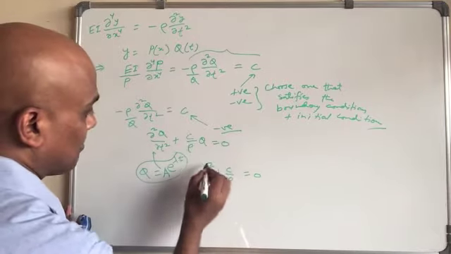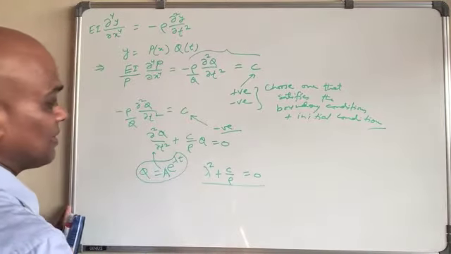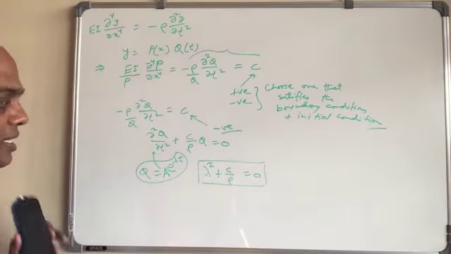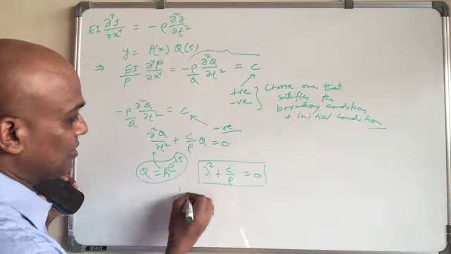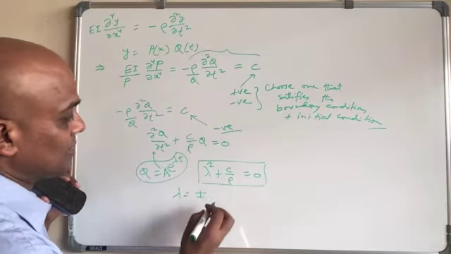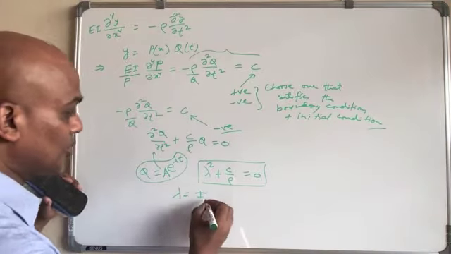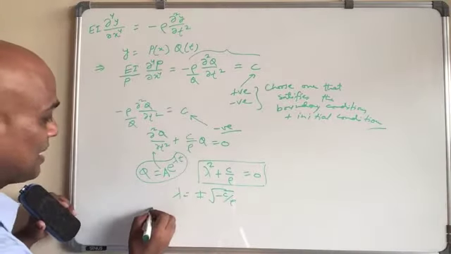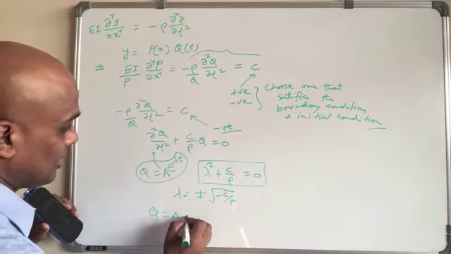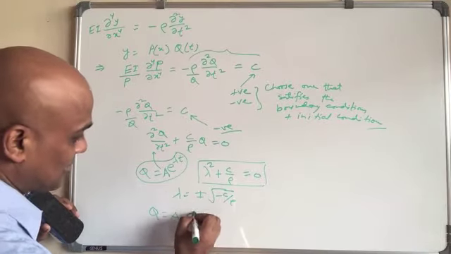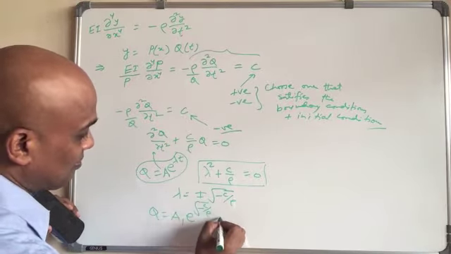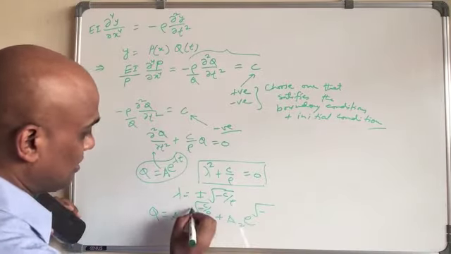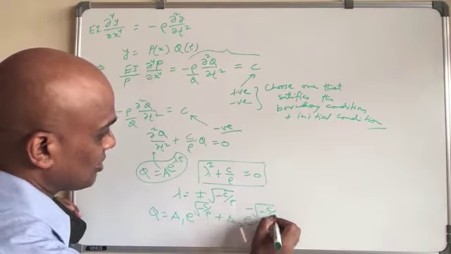Now the solution will be λ equal to plus or minus root of minus c over ρ. And the solution will be q equal to a1 e to the power root of minus c over ρ plus a2 e to the power minus root of minus c over ρ.